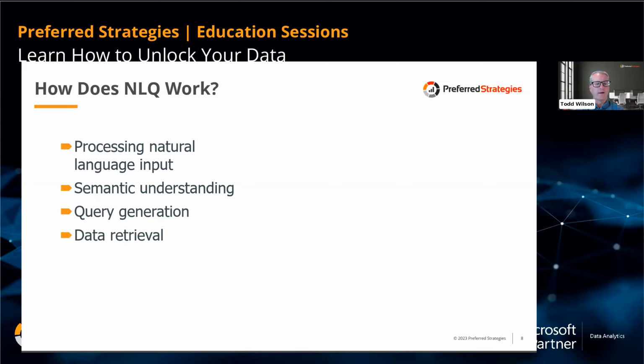And then, of course, once that query is complete, the data retrieval from that, all part of the natural language engine that's converting that, translating it, understanding it, generating the right query, and then giving us the result of that data. The final step then is, what does the presentation of that data look like?